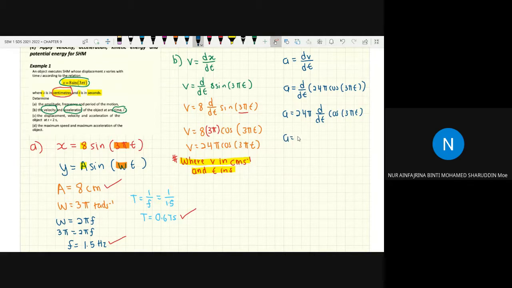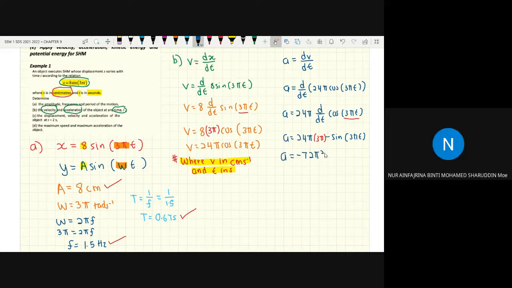So Miss nak tanya, bila Miss differentiate cos, Miss akan dapat apa? Negative sign, and salin balik 3 pi t. It comes with the whole package. Then bila Miss differentiate 3 pi t respect to time, Miss akan dapat 3 pi. So you tulis balik you punya equation betul-betul. Negatif bawa ke depan. 24 pi darab dengan 3 pi, you akan dapat berapa? 72.